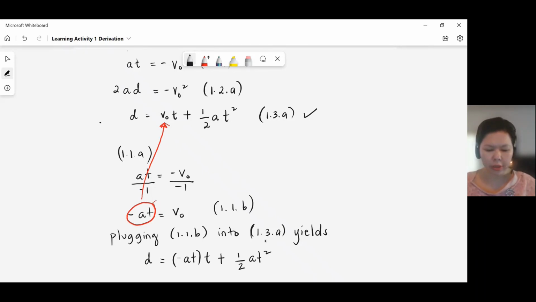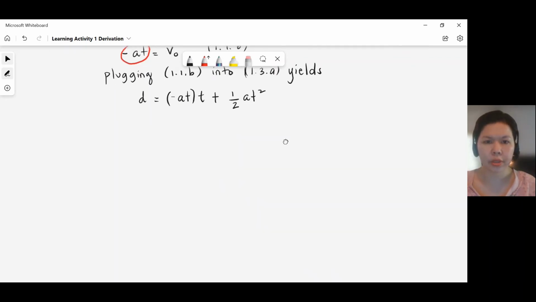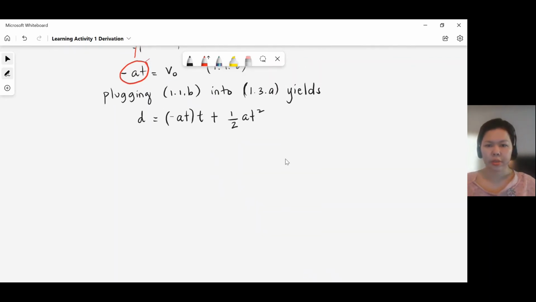Multiplying the term negative AT by T on the right side of the equation, we simplify this. The first term on the right, so D equals negative AT squared plus 1/2 AT squared.